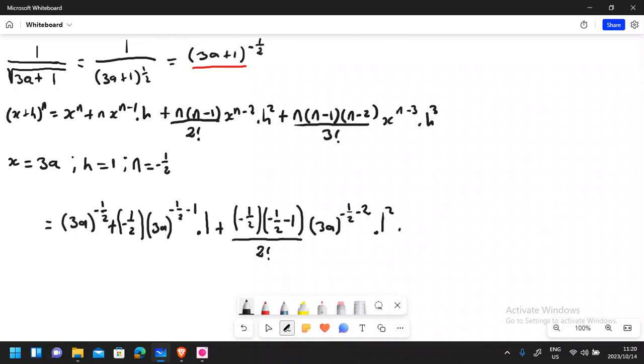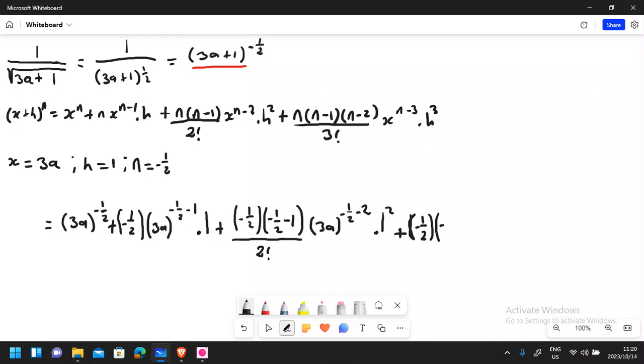Now let's go to our fourth term. It's going to be more complex. Hope the space is going to be enough though. So in our fourth term, we have n, which is going to be negative half. Let me just move this bracket, it's a bit far. There we go. This is our bracket. We have negative half, yes. Then it's going to be multiplied by what? Multiplied by n minus 1.